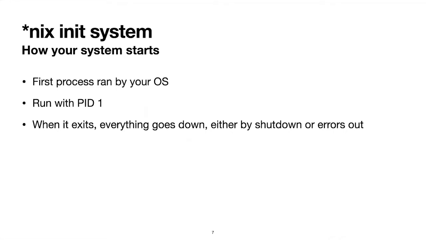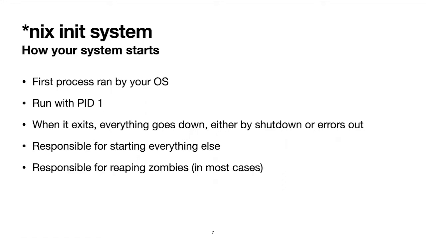If this process shuts down, then your whole operating system shuts down. It is also responsible for shutting your system down in a meaningful and safe way. It starts every other process, and in Unixes it is responsible for reaping zombies, which are defunct processes that were orphaned by their parent process.